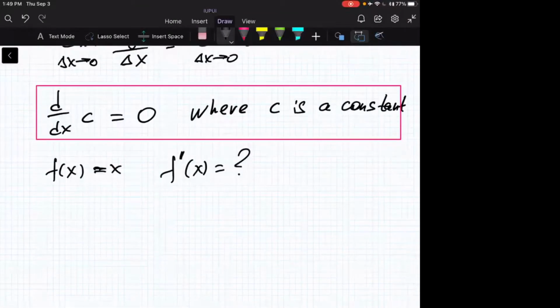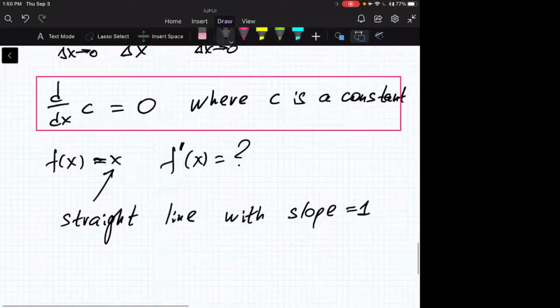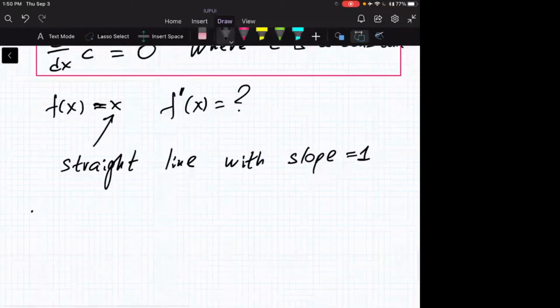You can do it again using the definition of the derivative, but also you can think about this as a straight line with a slope that equals 1. But as we discussed, the derivative is the same as the slope of the tangent line, but in the case of a linear function, this is the same as the slope itself. So that means that the derivative of x is just 1.